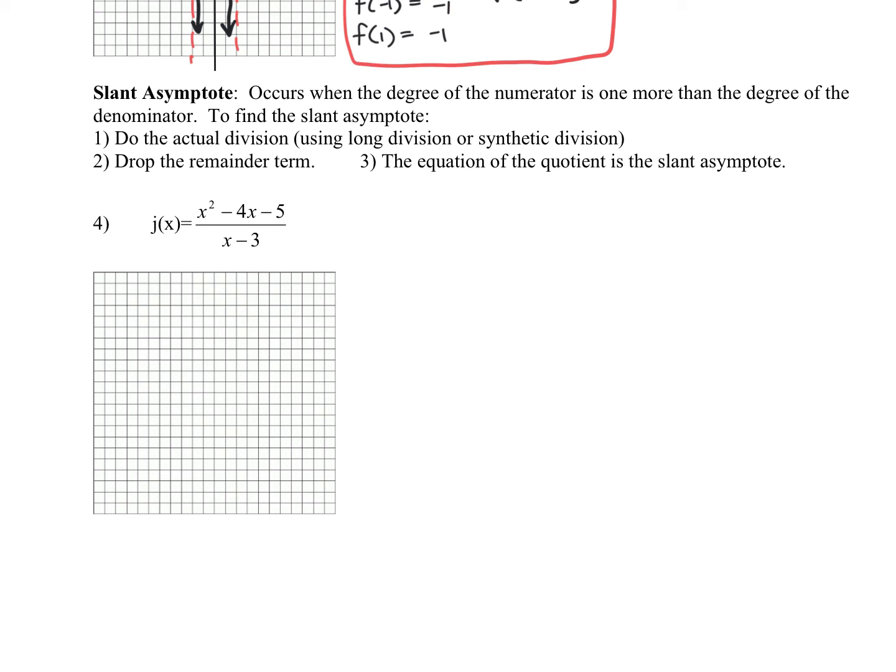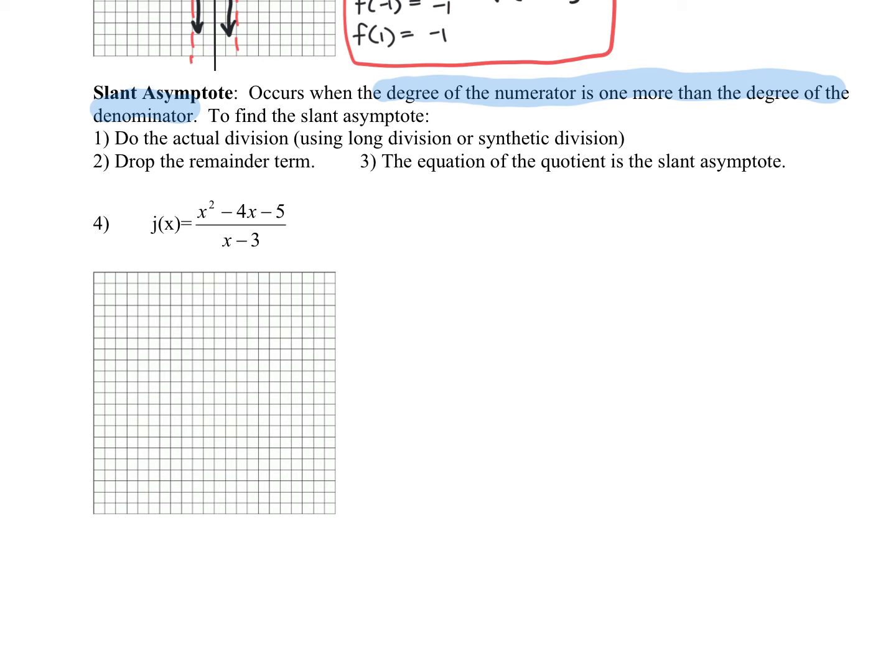It's going to occur when the degree of the numerator is 1 more than the degree of the denominator. Now, we can actually find this slant asymptote by dividing, right? If we're able to, we can use synthetic division. If we're not able to, we may have to use long division. We disregard the remainder, and the equation of the quotient is the slant asymptote.